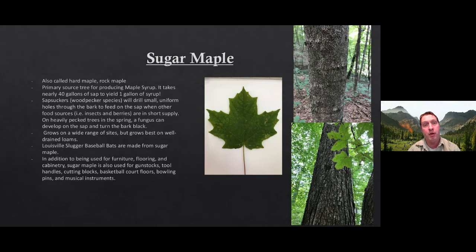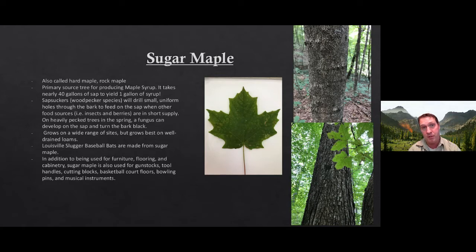And also, it's a tree around here. It can grow all around Ohio, and it's the primary tree that people tap in the late winter period to get sap to boil down to make what a lot of us like to pour over our pancakes in the morning, that good maple syrup.